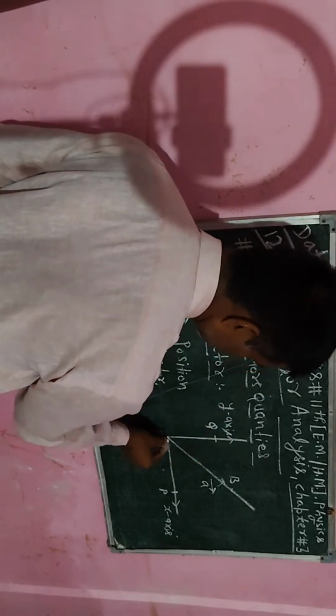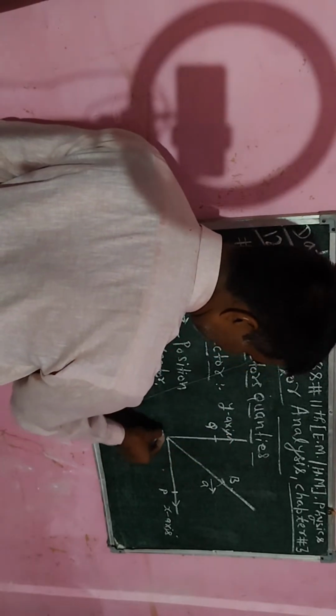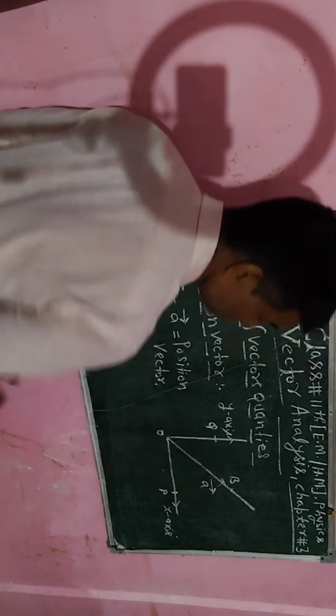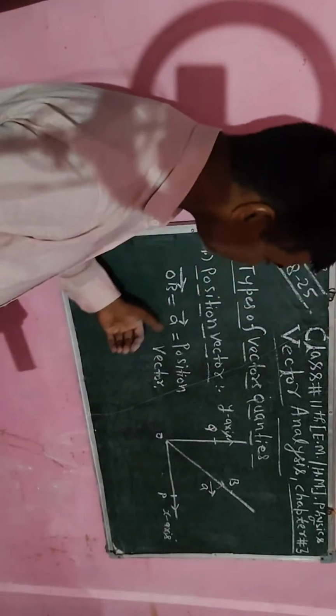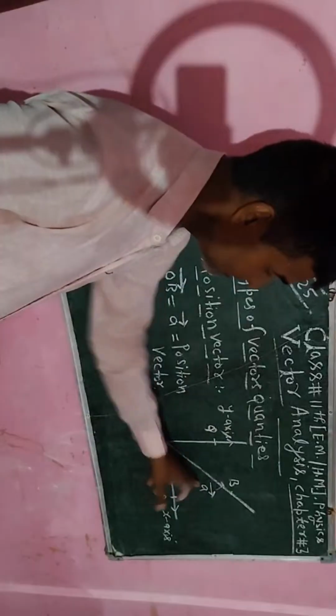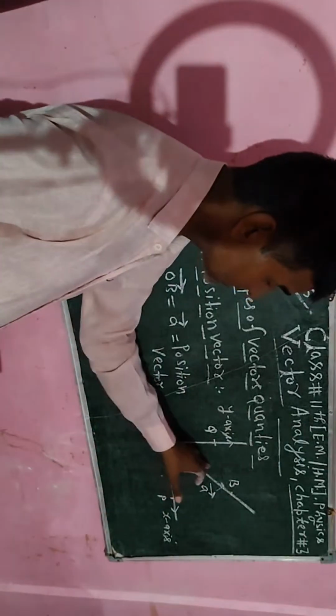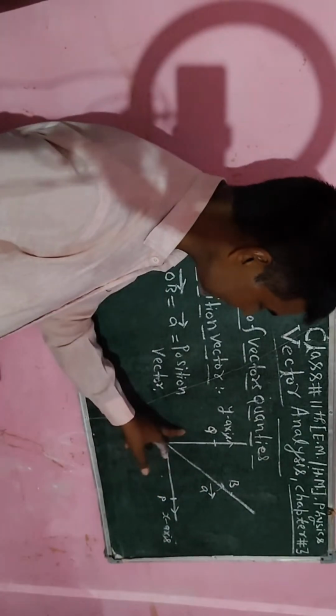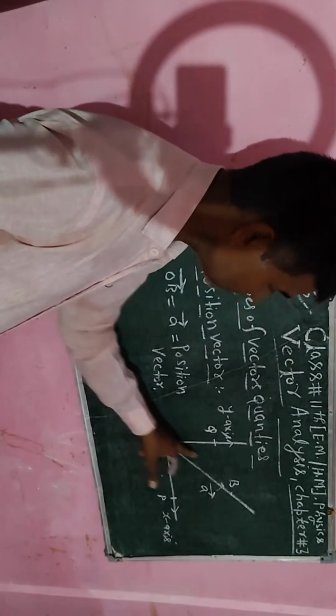But the position vector I have considered from O to B. That is the position vector, and that position vector is also represented with A. So here one axis is the x-axis, second is the y-axis, and third will be the z-axis.